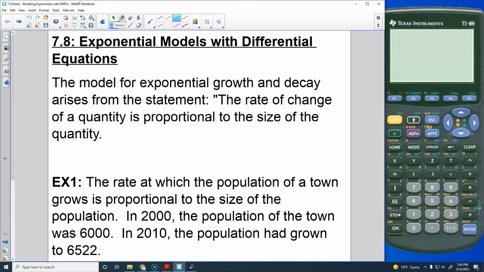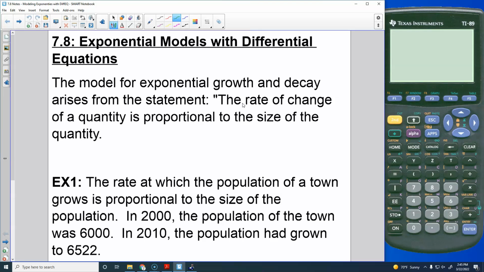All right. So, we did one of these at the beginning of yesterday's notes. So, you've seen one of these before. I just want to do maybe 1 or 2 more so that you're a little more familiar with it. Whenever we see the model for exponential growth and decay, it arises from this statement: the rate of change of a quantity is proportional to the size of that quantity.